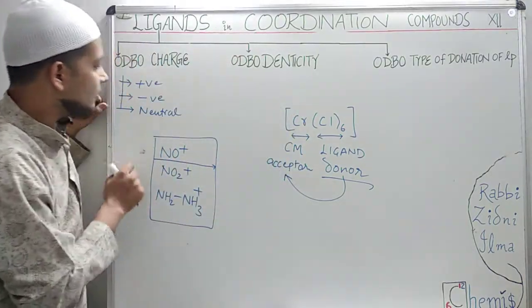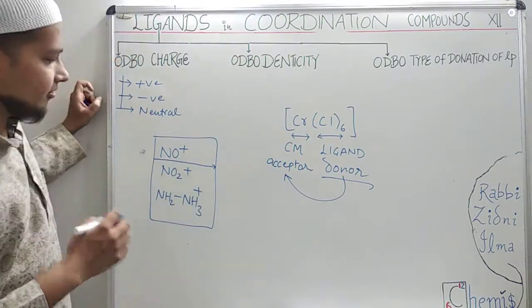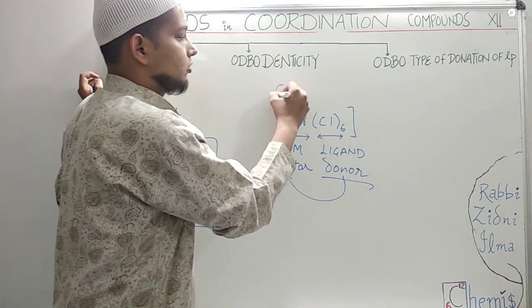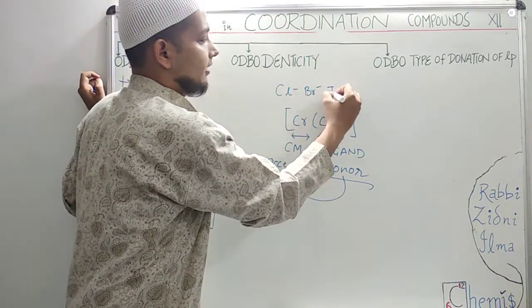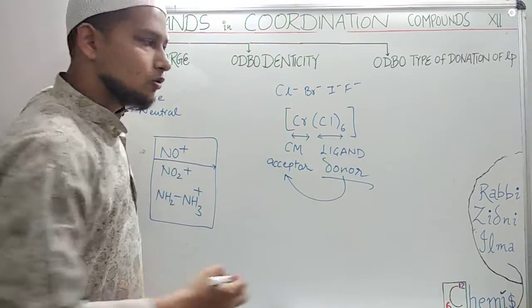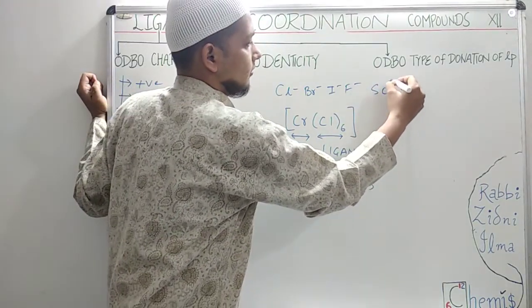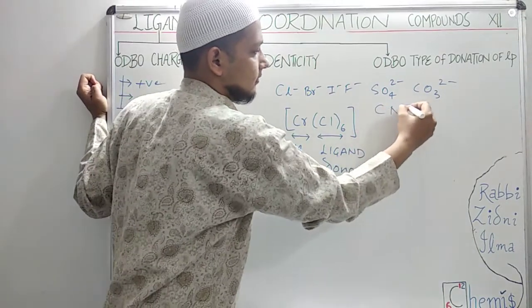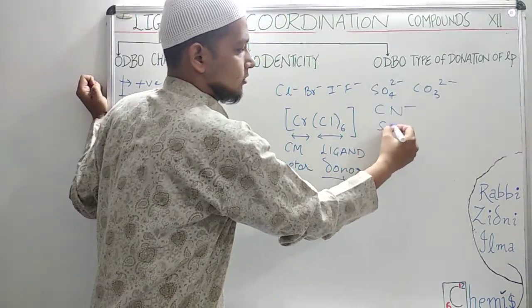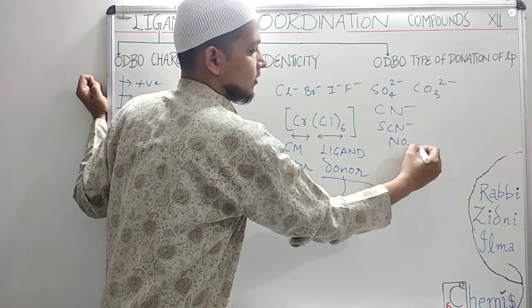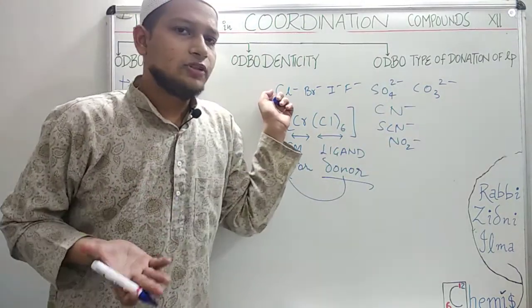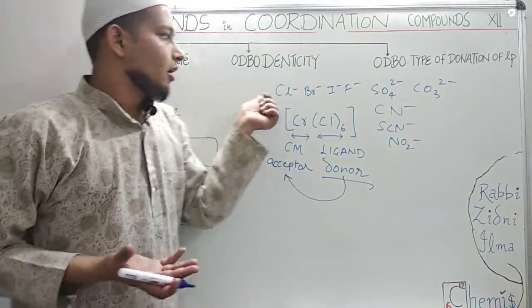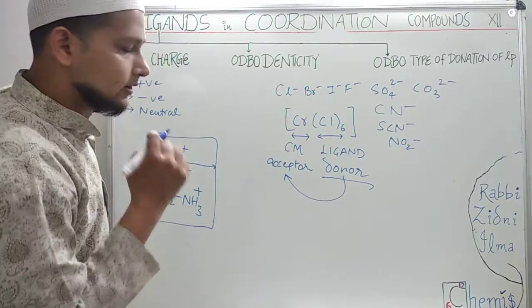Now, negative ligands. Negative ligands have a very long list. Halogens: Cl, Br, I, F, also sulfate, carbonate and cyanides and many others. SCN also, NO2 also. So any ligand carrying a negative charge is a negative ligand. However, there are a few cases we need to discuss.